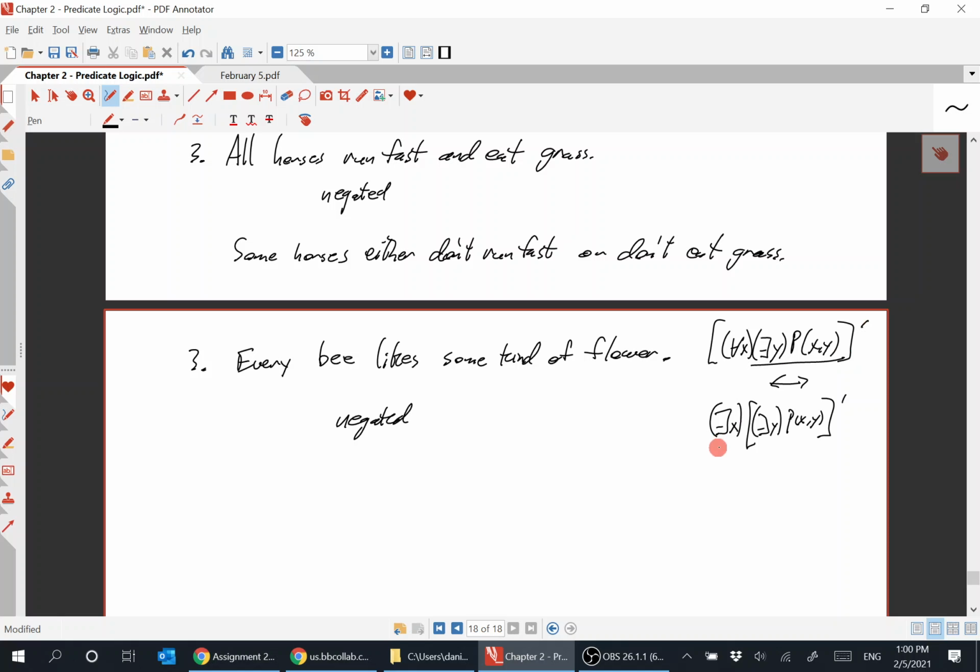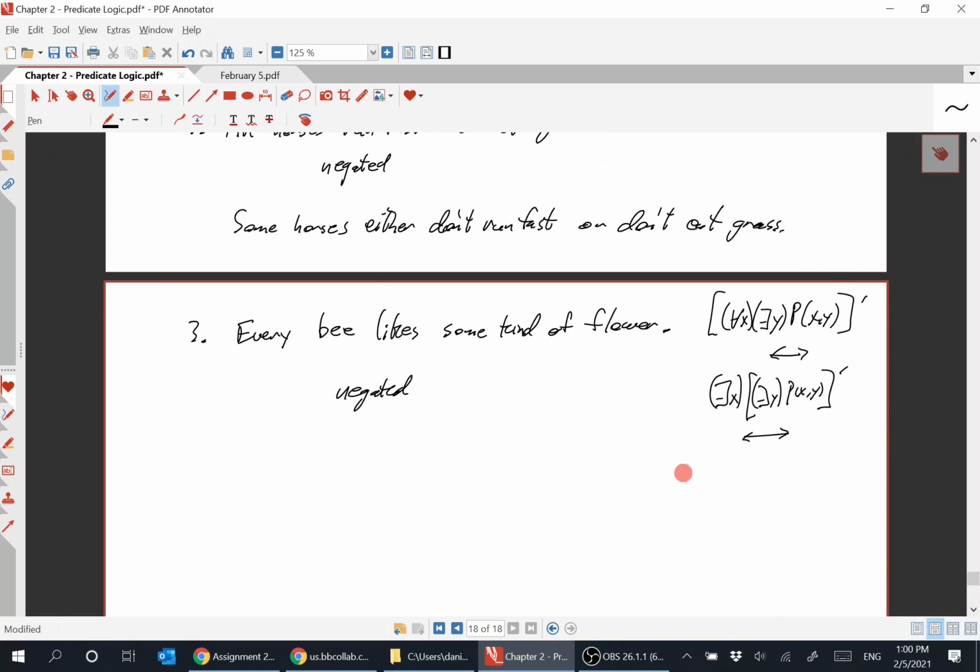Negated is there exists an X, not something. But that not something is again quantified. So you apply De Morgan's law and you get what? There exists X such that for all Y, not P(X,Y). Doesn't like flowers.